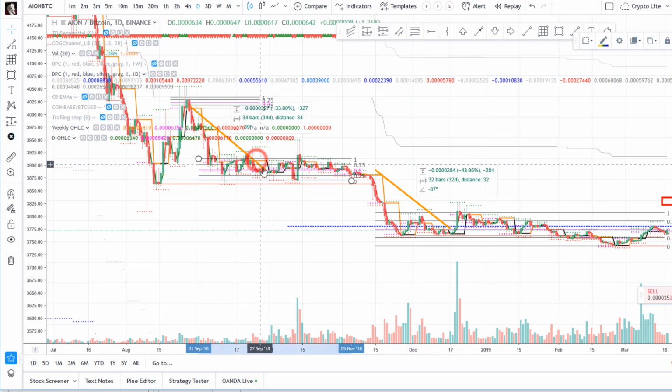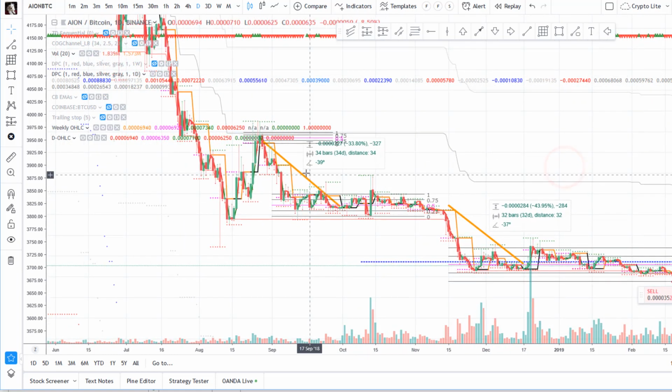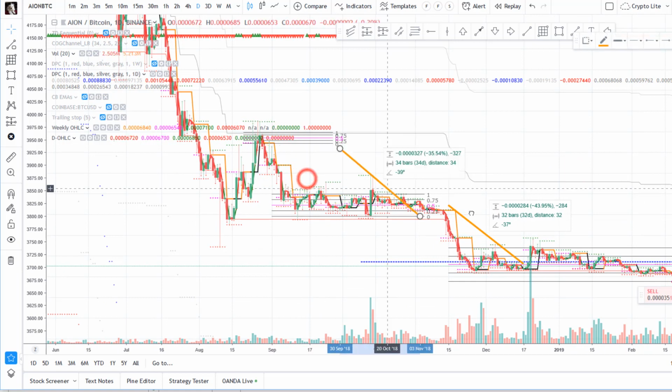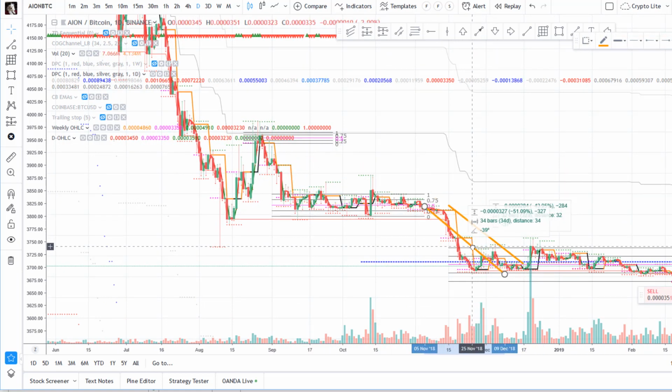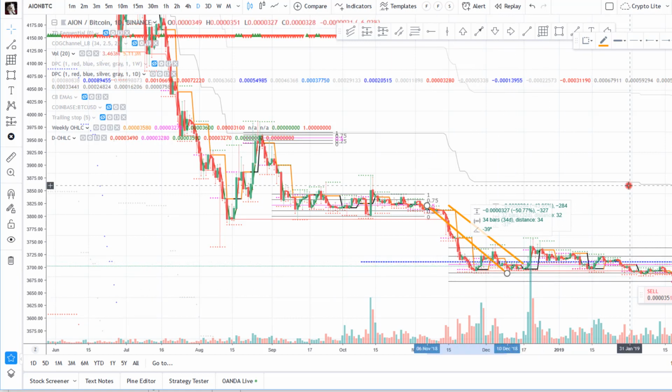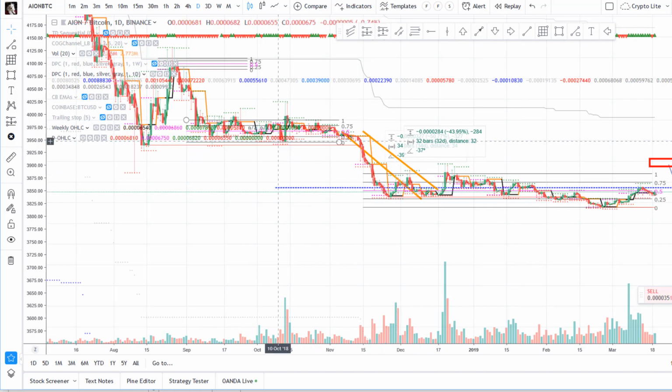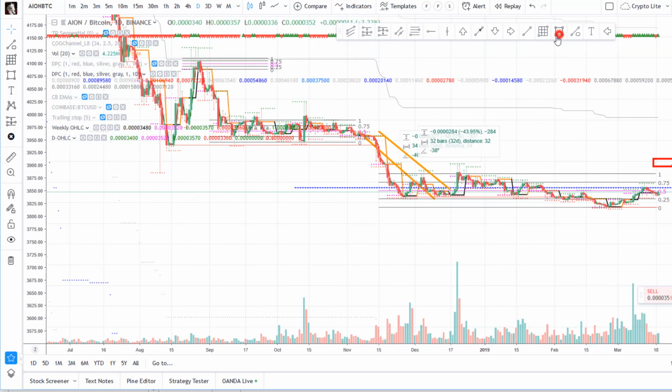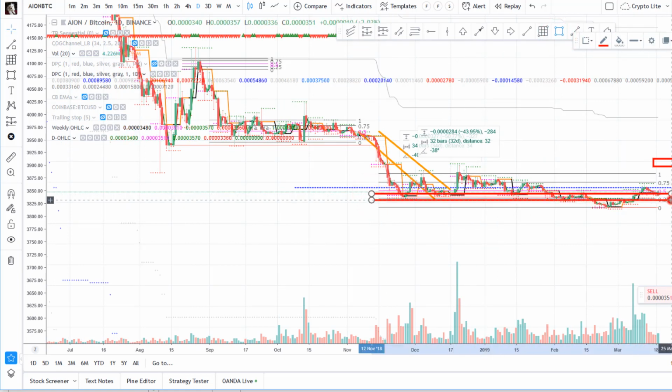If we take this same move and drop it down to here, we see that it gets us to the 25% mark of that actual value channel. So I would make my strike zone on this move right in here. That'd be my strike zone.